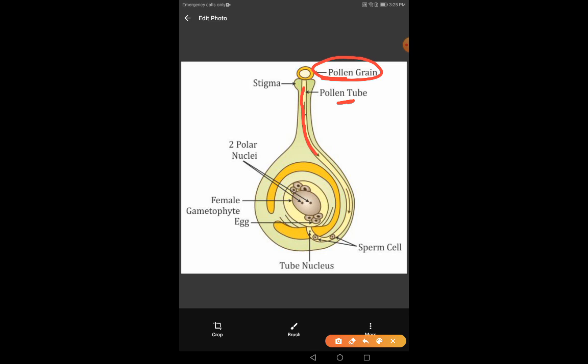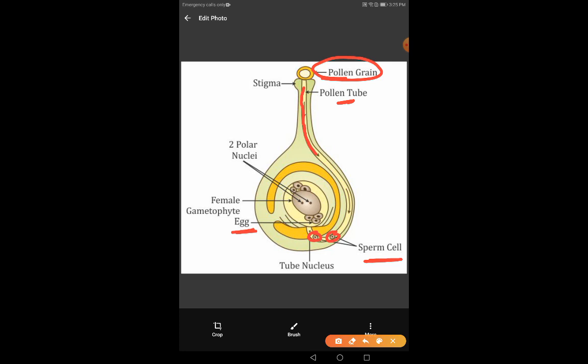Here you can see two sperm cells trying to enter and fertilize the egg, producing the zygote, or fertilized egg. This is how fertilization happens between the pollen grain and its sperm and the egg inside the plant.